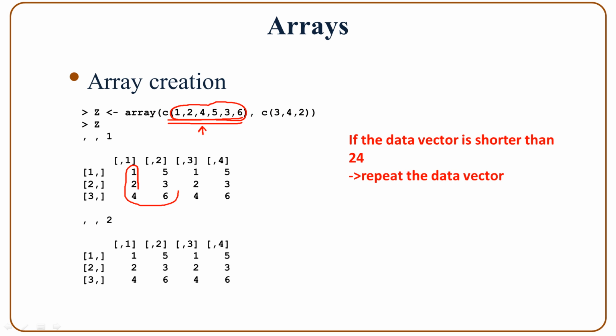And because you still have 3 rows and 4 columns, you still have to repeat the same data 1, 2, 4, and 5, 3, 6. And similarly with the second array.